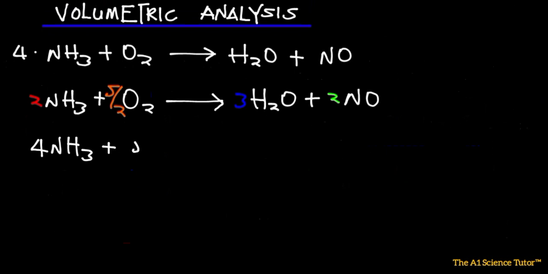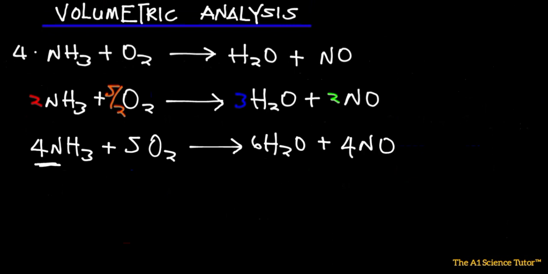Here we have 5 being formed: 5 halves multiplied by 2 gives us a 5. I really struggle to write 5 on this app. 2 multiplied by 3 gives us 6. And then 2 multiplied by this gives us 4NO.